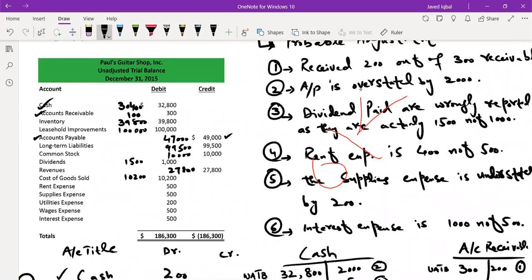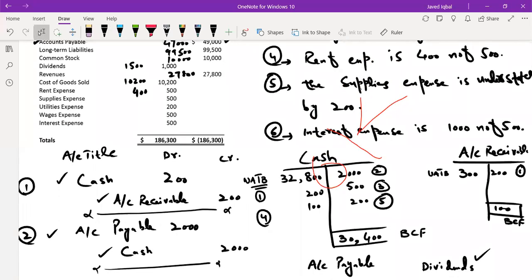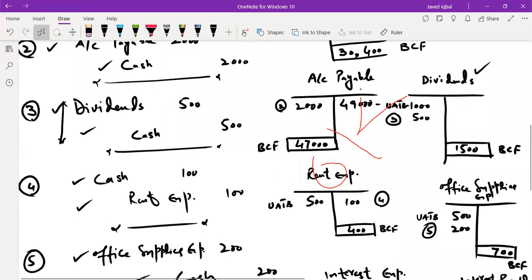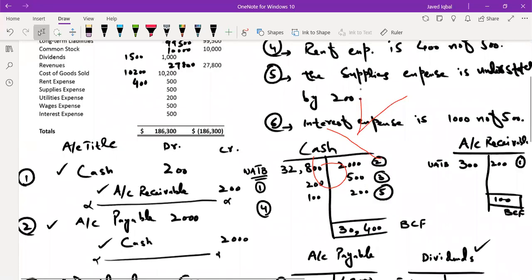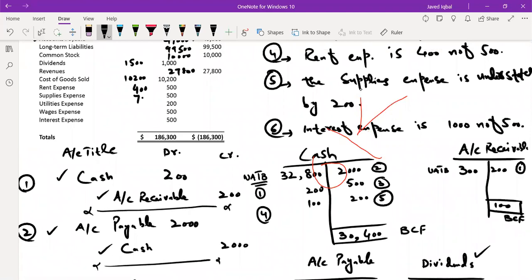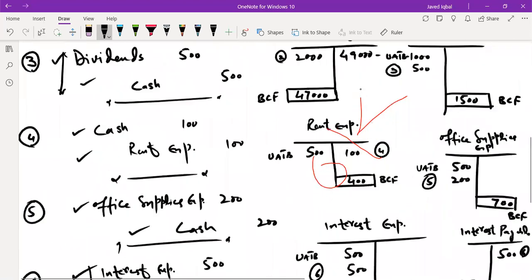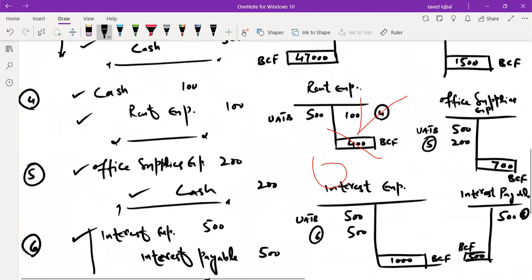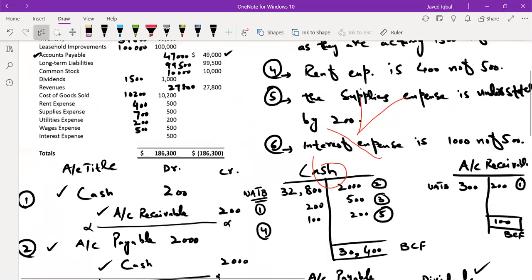Supplies expense has changed as well. The balance for office supplies expense is 700. Utilities expense has not changed, so it should be 200. Wages expense has not changed, it should be the same 500. But interest expense has changed. It has a new balance of 1000.